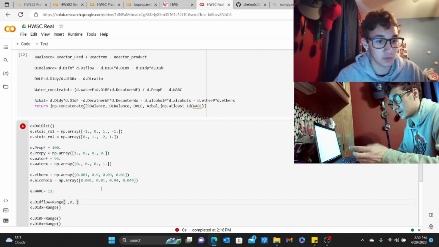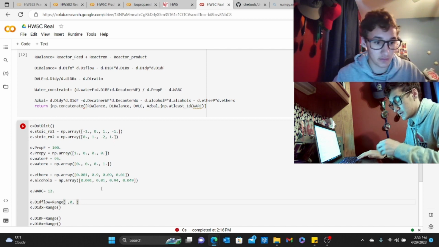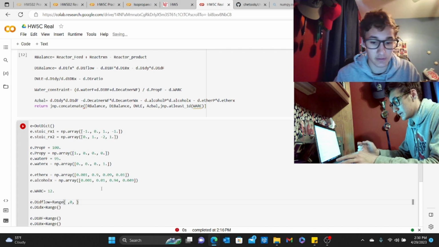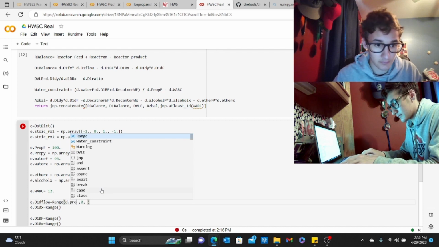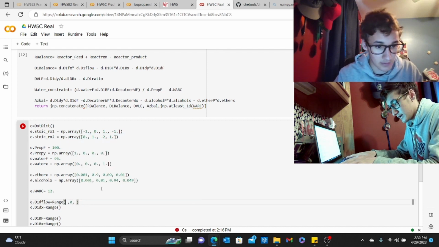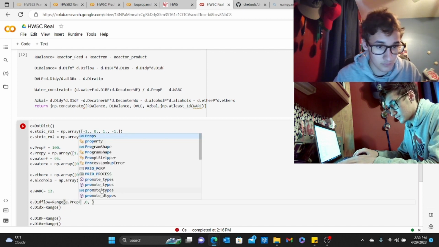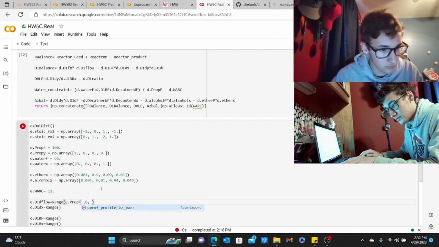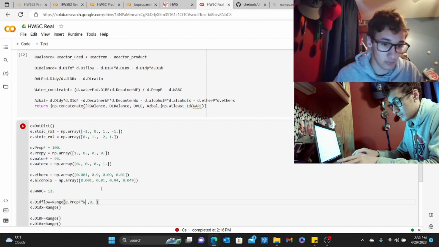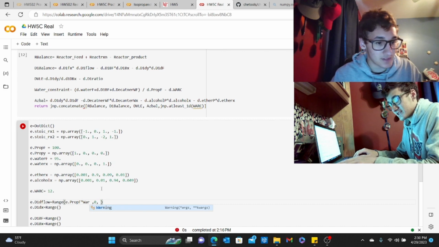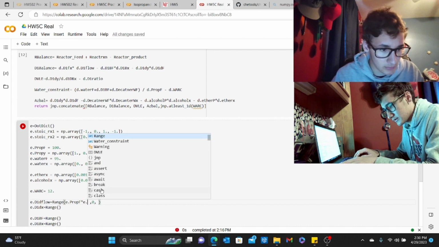And so now let's look at our D1 flow. This is the flow that is coming from our reactor and goes into our distillation tank. And so our guess is just going to be the alkene flow, so E.propF, multiplied by the water constant, as it's always going to be, 12 times the amount, E.WARC.